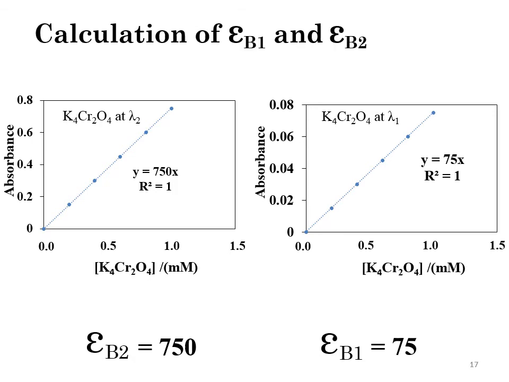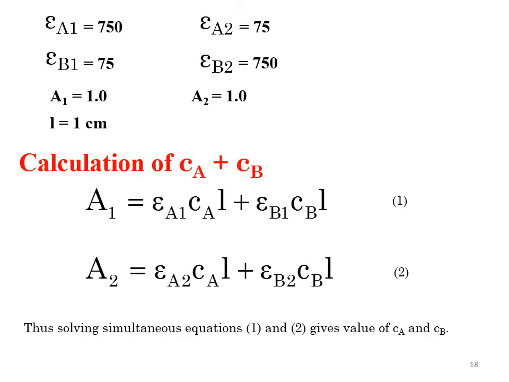Similarly, here is the calculation of epsilon B1 and epsilon B2. The procedure of the calculation is quite similar, and the value of epsilon B2 is 750 while that of epsilon B1 is 75. Once you calculate the values of epsilon A1, epsilon A2, epsilon B1 and epsilon B2, then you need to measure the absorbance of the solution at lambda 1 and lambda 2.